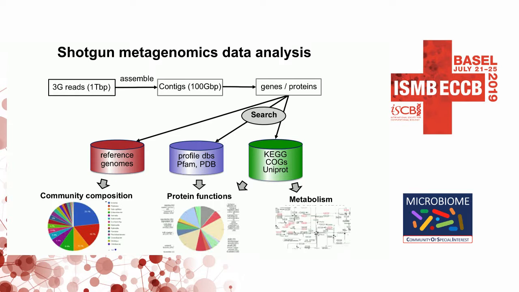The reason is of course that in a typical pipeline where you want to know what is in your metagenome, you have to do a lot of sequence searches after assembly to find out the community composition, so to get taxonomic labels, to get protein functions, to get pathways and so on. Since you want to know who is there, what do they do and how do they do it, and you're not usually doing this on one sample, but on dozens or even hundreds, this is just very costly.